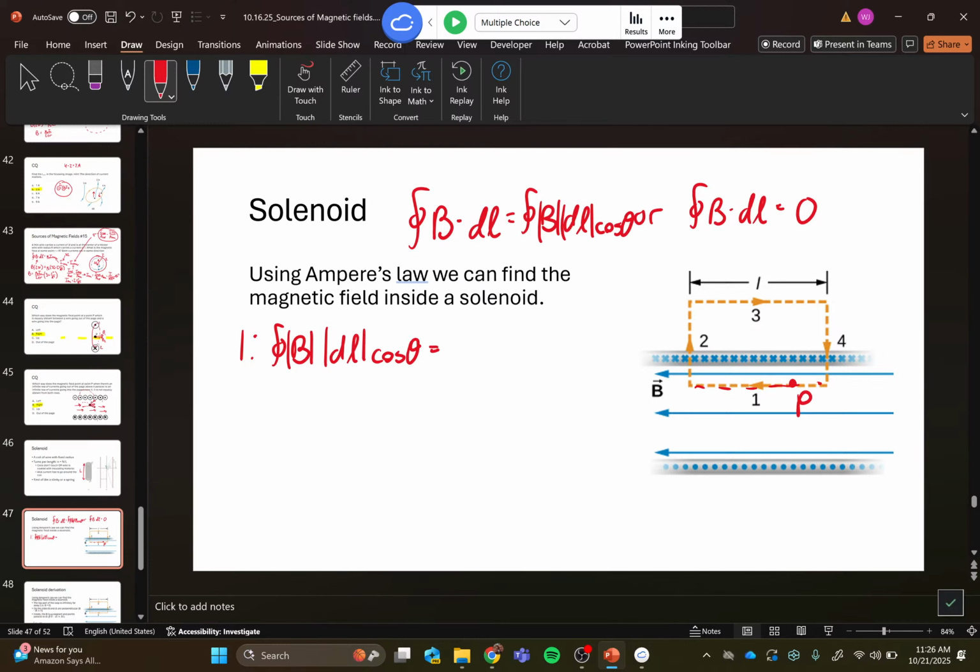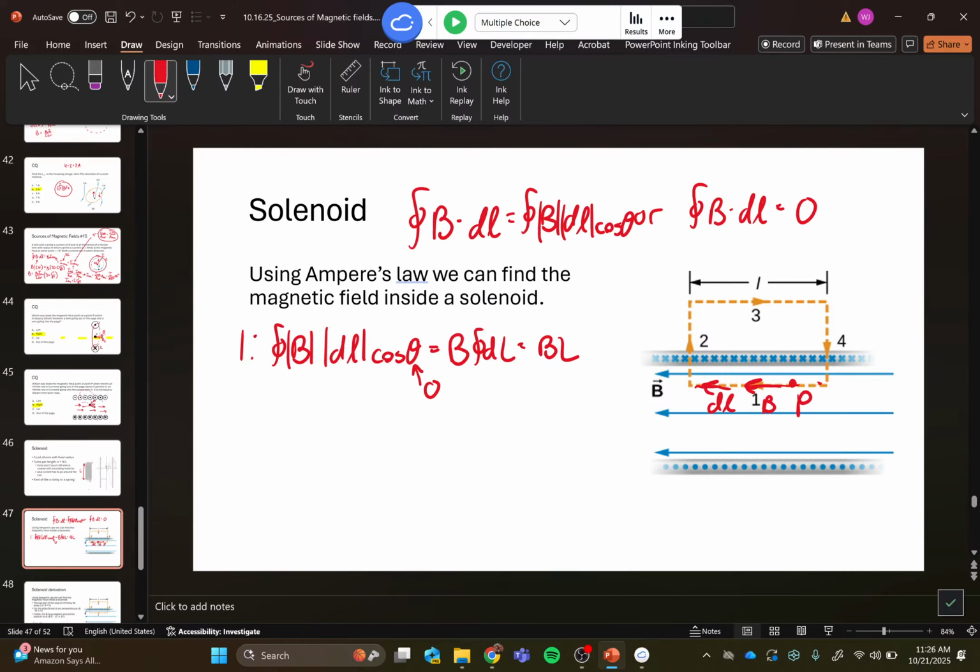On the bottom path, B is a constant. It comes out. Cosine theta is 1, because B points to the left and dl points to the left. The angle between them is 0. So you get the integral of dl, which equals B times L. Easy. Great, that's the bottom side.